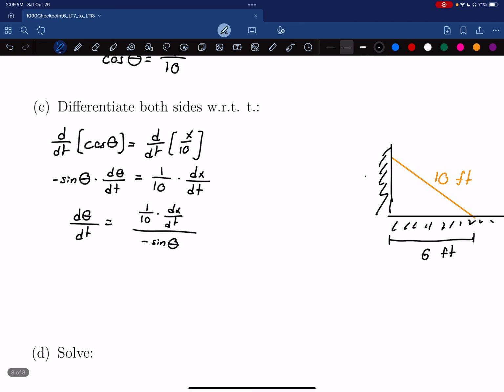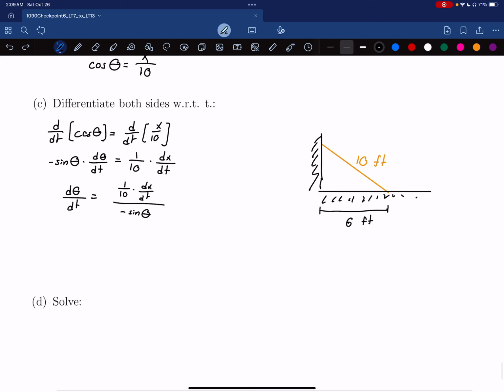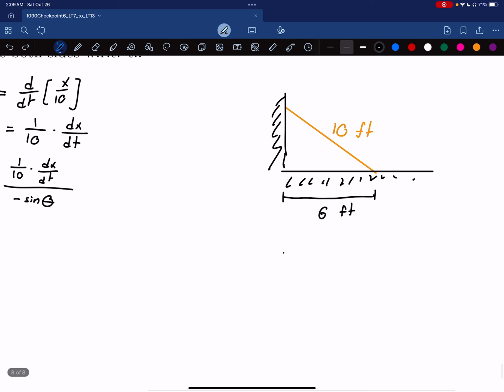Right now, I don't have this opposite value, so we need to solve for that. And we can use the Pythagorean theorem. Let's just call it h, a lowercase h for height. So we'll have h squared plus x squared equal to 10 squared.